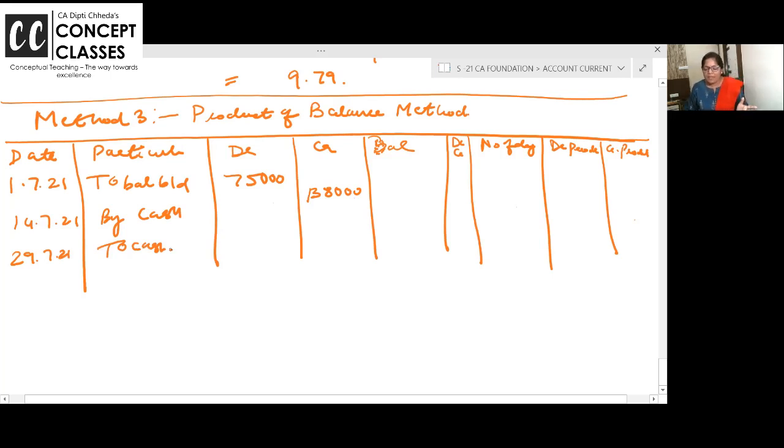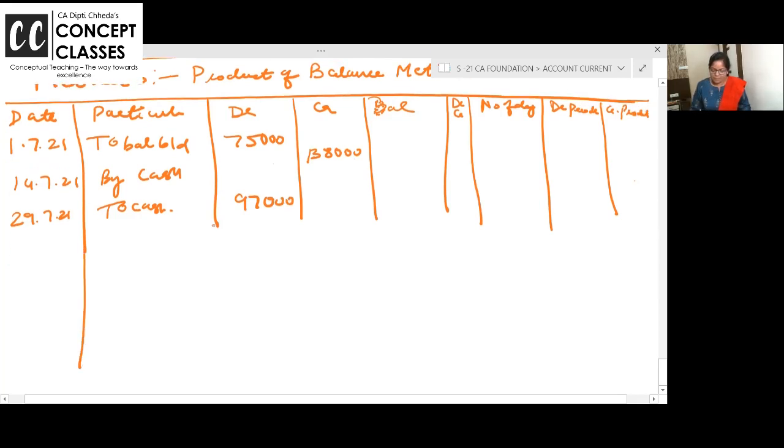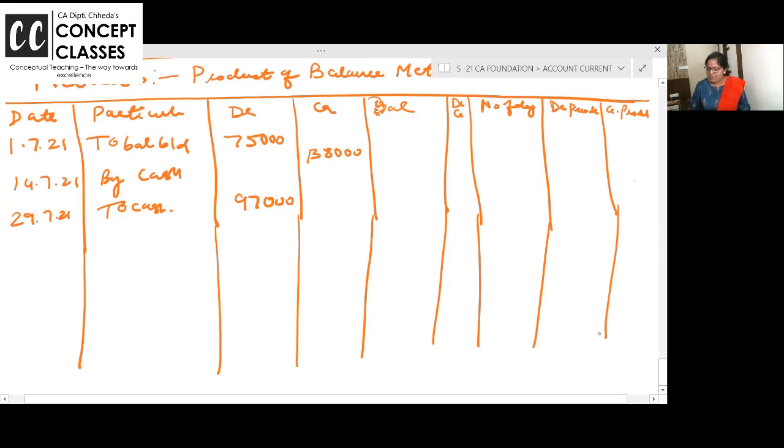Pritam's account is debited and cash is going out of the bank, 97,000. Clear? Next.